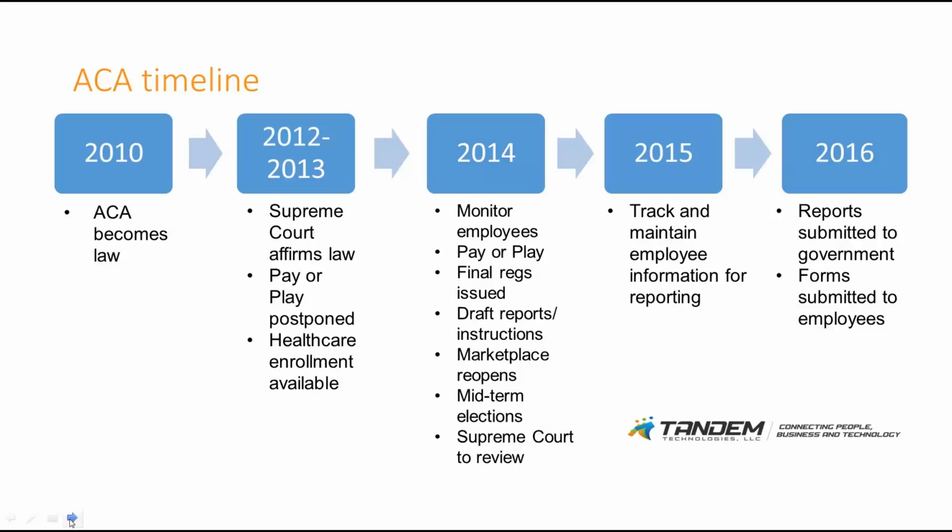So we've known it's been coming for a long time, but I think many employers did not know that it was coming, and many employers still don't know what they have to do to report and what the qualifications are for reporting. I am hoping to help you with a lot of this today, okay?